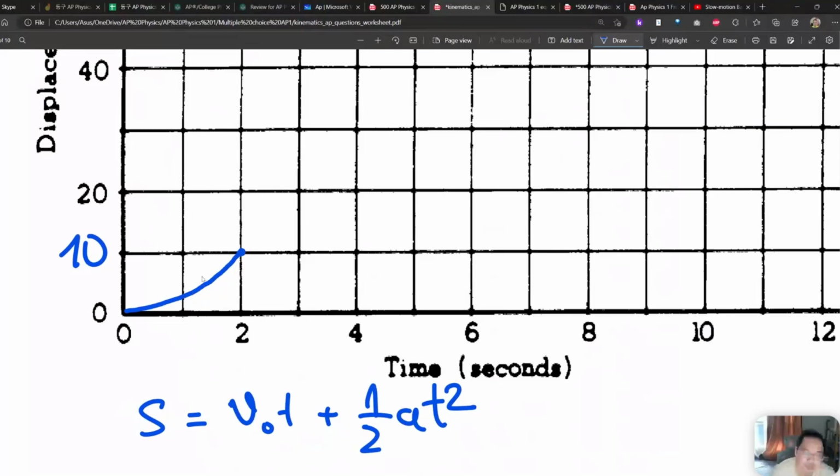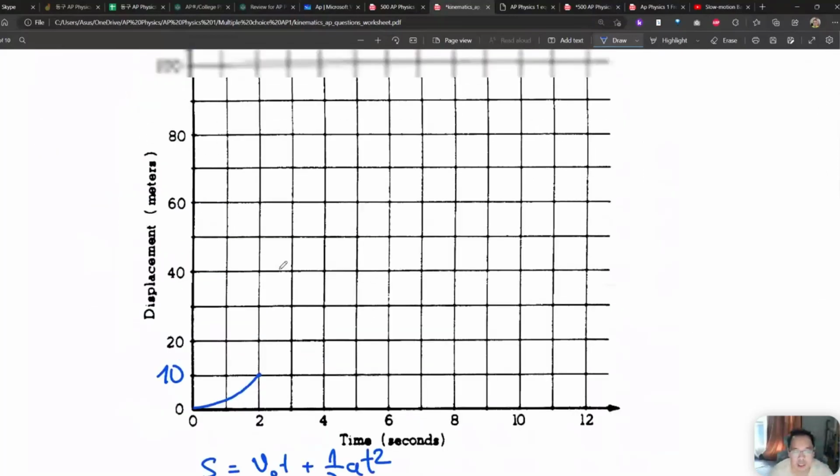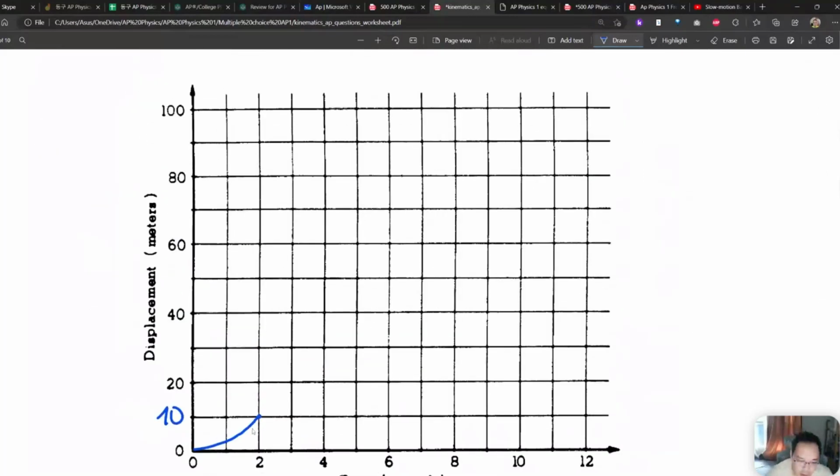And then she continues at her speed. It will be a straight line tangent to this parabola, up to 100 meters at the end time. So you draw a straight line passing through all these points.